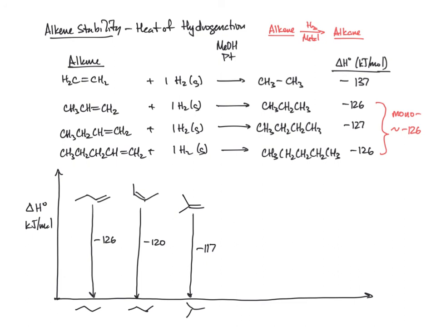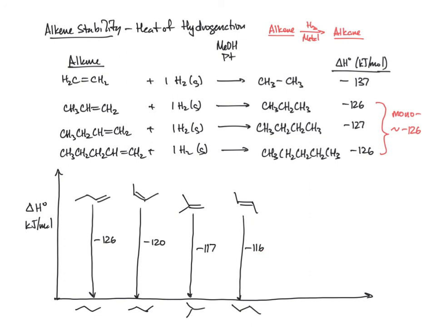Now the other di-substituted example we can have is the trans constitutional isomer. So this gets hydrogenated to butane. This evolves negative 116. So you can see that the trans evolves less heat than the cis. And again, the more heat that's evolved relative to something else, the less stable.